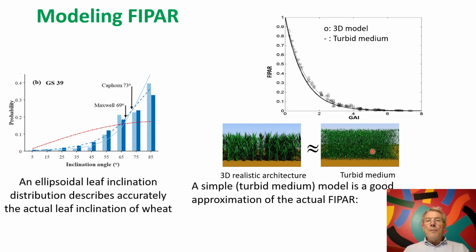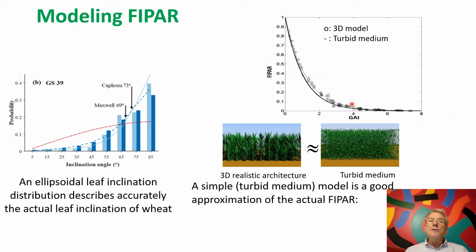The other aspect that is very important is how the elements are distributed in space. If we compare the actual distribution of the leaves and stems of wheat in space to a turbid medium distribution, where the elements are randomly distributed in the canopy volume, in terms of the fraction of intercepted radiation it makes almost no difference.